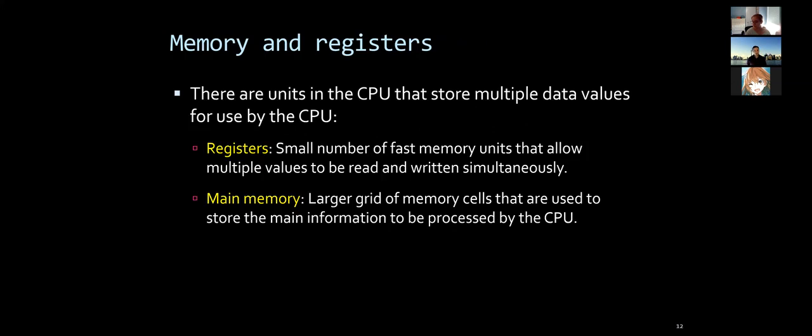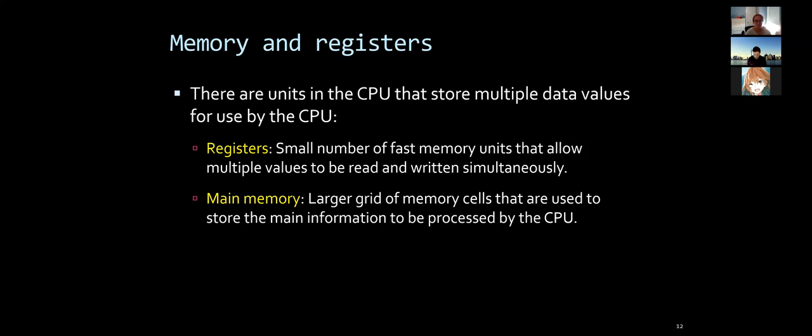Essentially, there are units in the CPU that store multiple data values that can be used by the CPU. And registers, as you can imagine, are the fastest, but because they're the fastest, there are way fewer of them, because to make them fast, you need to sacrifice something else, right? If it's very fast, it means it's more expensive, so you only have a handful of them.